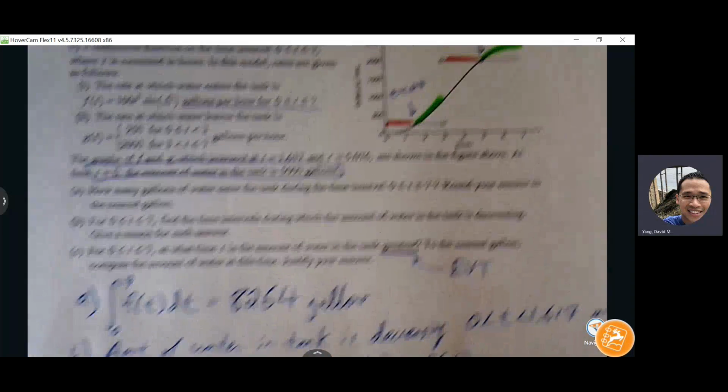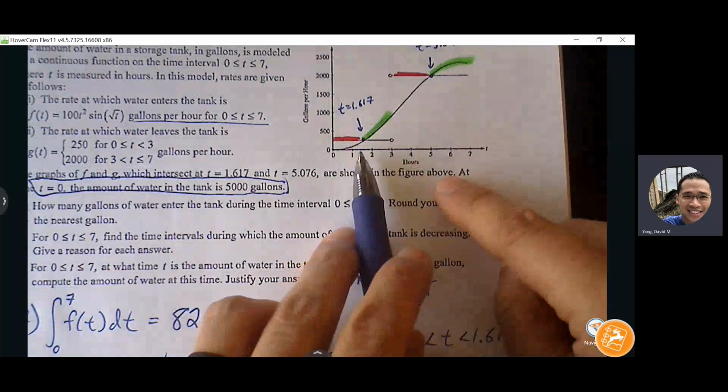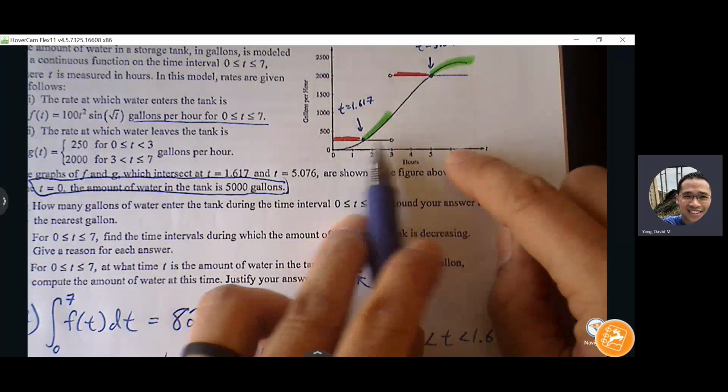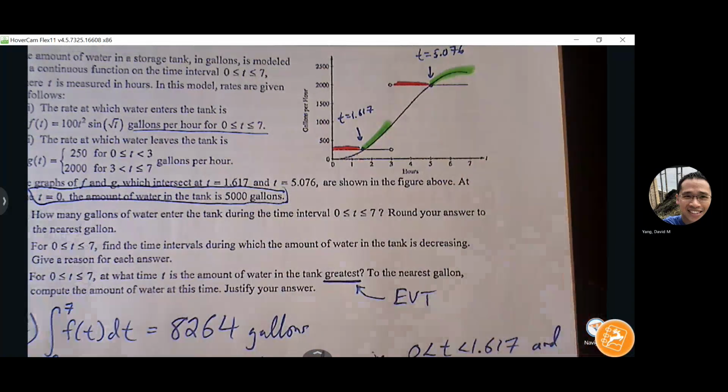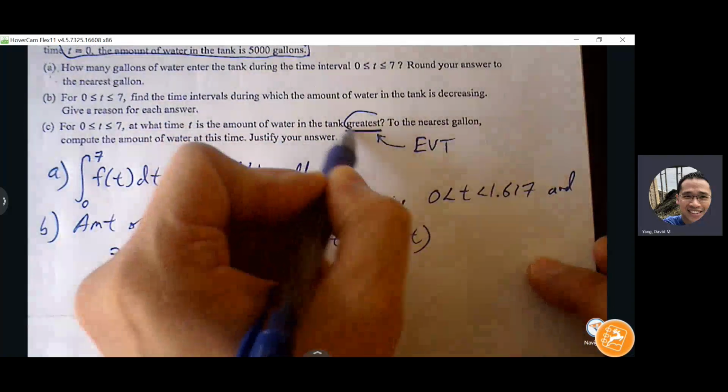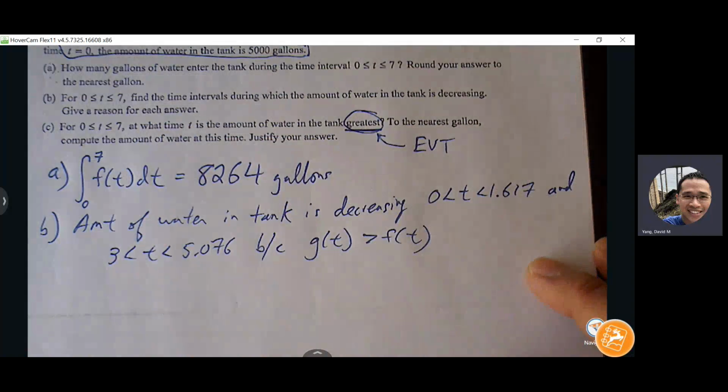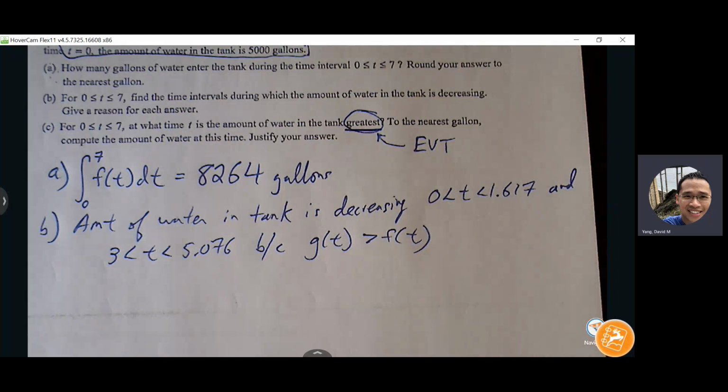We kind of know where the critical points are, right? The critical points are at 1.617, at 3, and at 5.076. But it's only asking for the greatest. So that means we have to involve the endpoints and relative max, but what do we not have to involve? The relative mins, right?